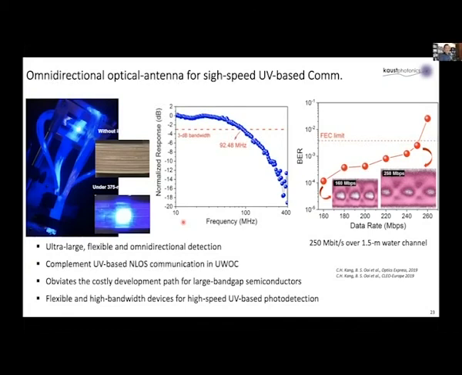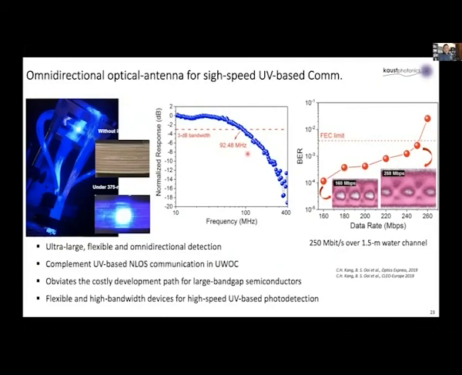We are currently about to report one that uses a fiber bundle to mimic the compound eyes of a fly. So that again will increase the field of view and the detection area for a couple of applications. In this case, it's very much focused on underwater application.